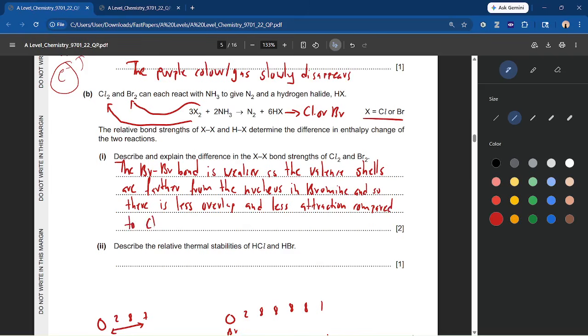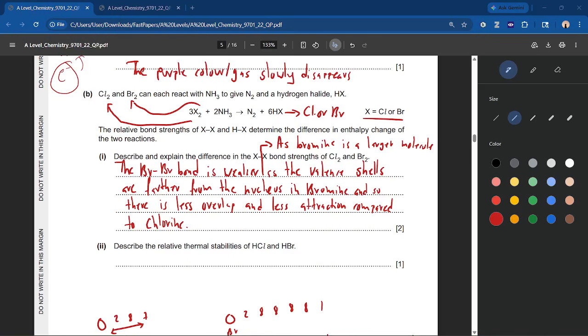There we go. Simple, but you just need to be able to explain it more. The bromine-bromine bond is weaker. Maybe we need to mention over here, as bromine is a larger molecule, the valence shell electrons are farther, and thus there's less overall overlap between the two atoms.